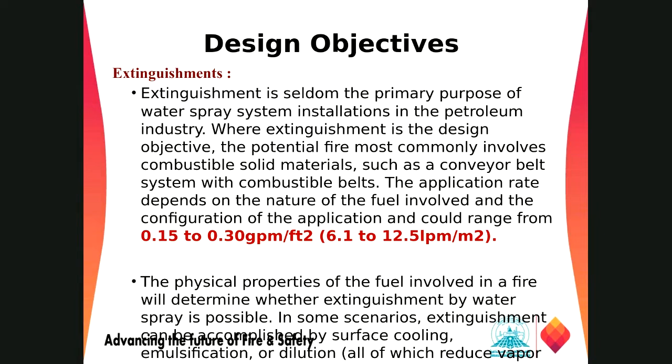If there is a fire in combustible solid materials, such as a conveyor belt system with a combustible belt, and those areas catch fire, we can achieve extinguishment. So extinguishment means we are using the water spray system for solid kinds of material, in this case conveyor belts or maybe some other solid structures. We want to control the fire, and the rate is 0.15 to 0.30 GPM per square feet.